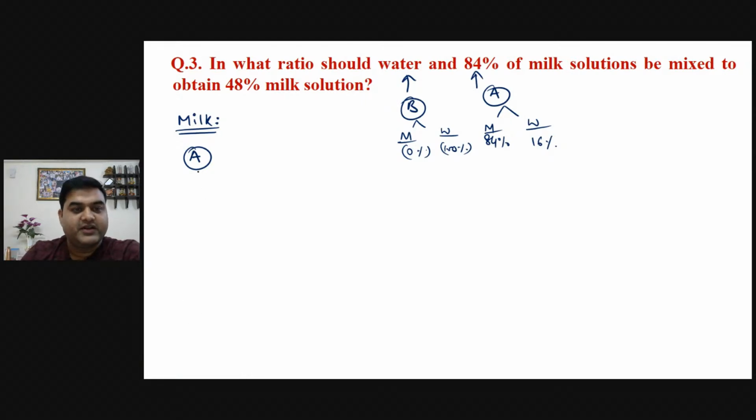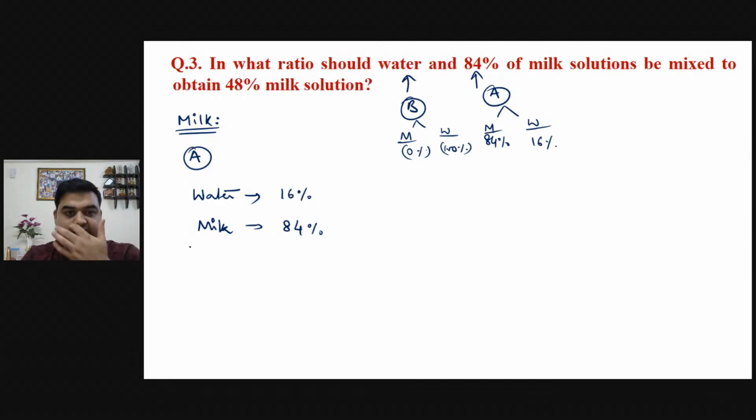Okay. So in solution A, how much milk is there and how much water is there? Water and milk. This is solution A. Milk percentage was 84% and water percentage was 16%.